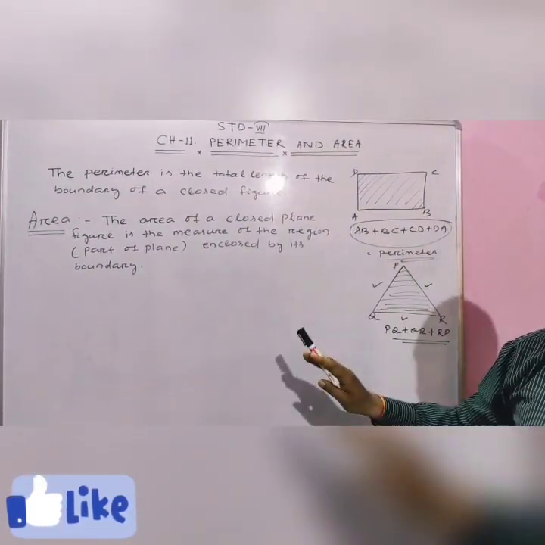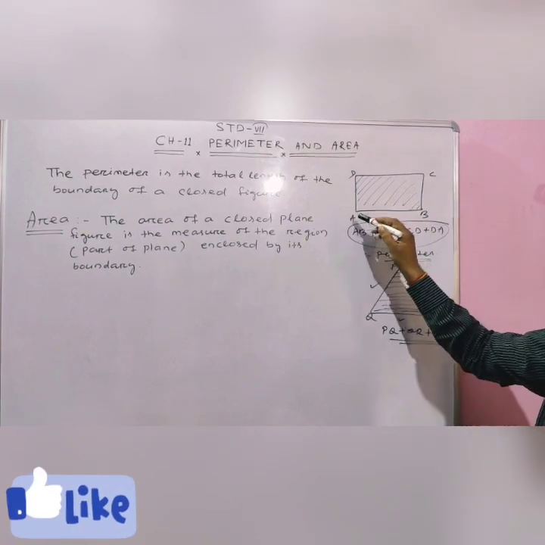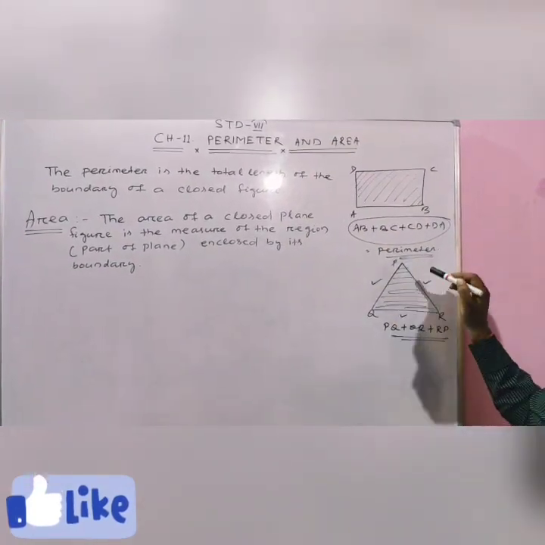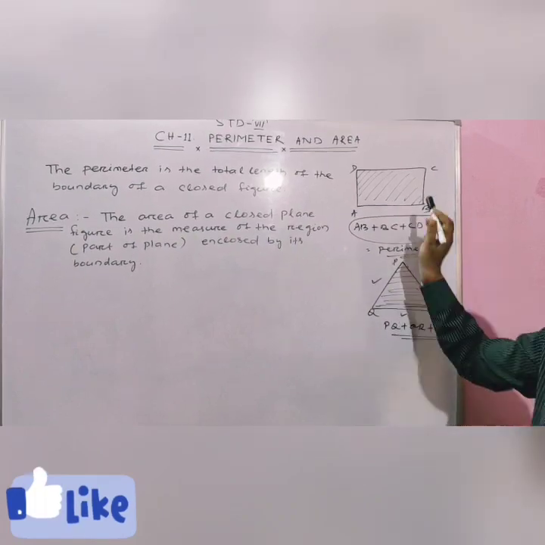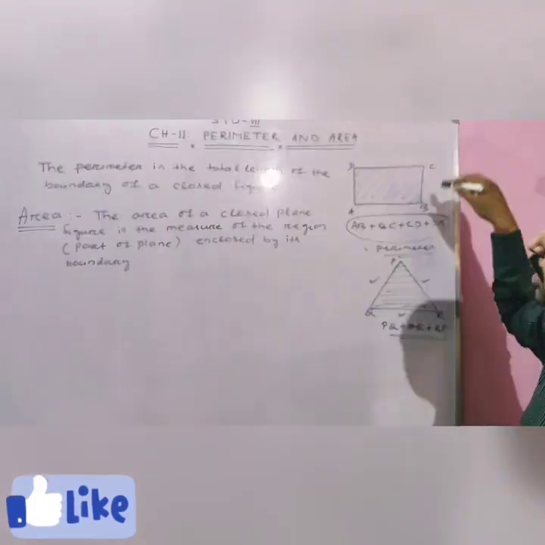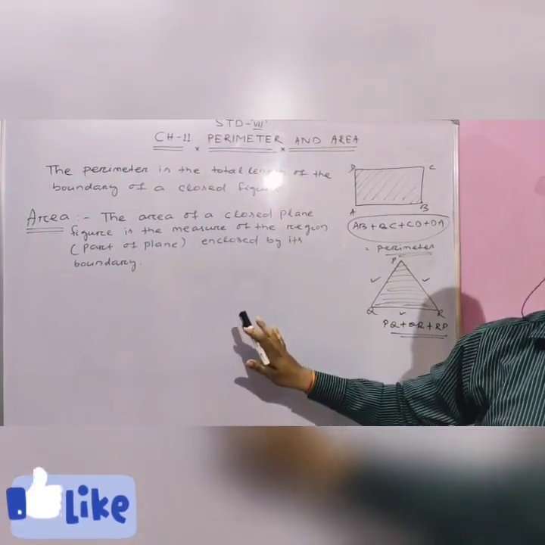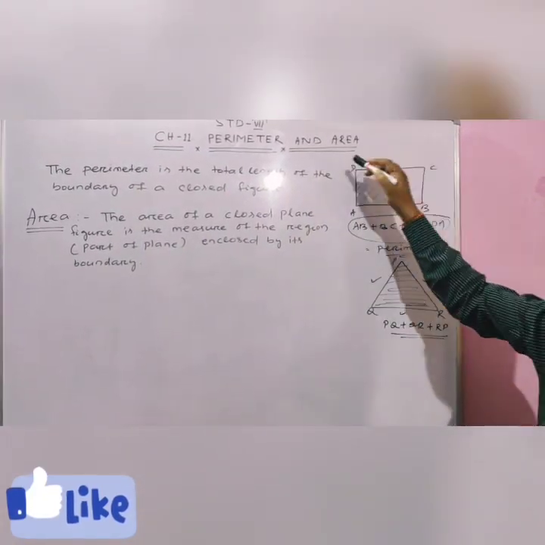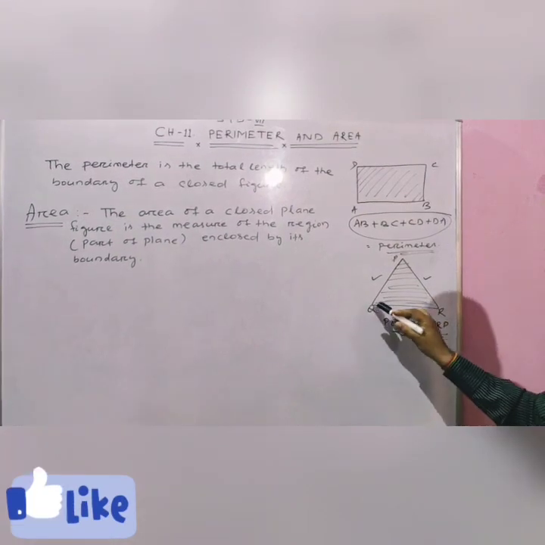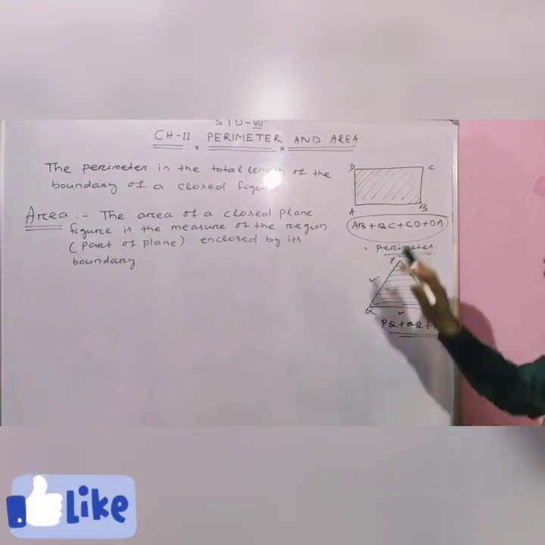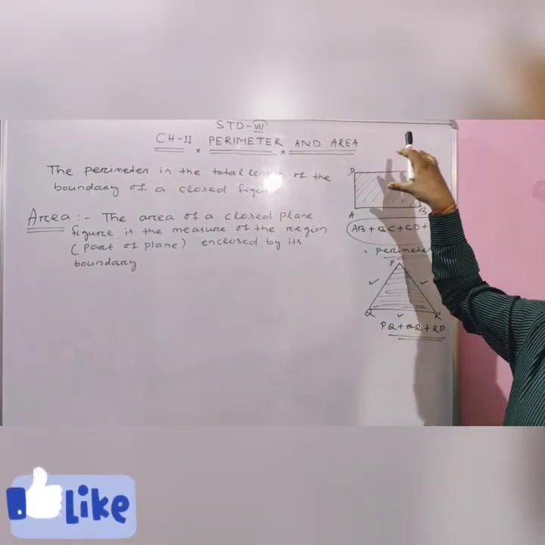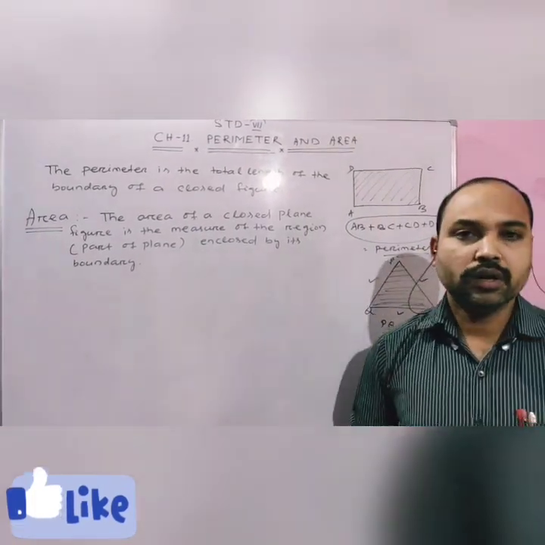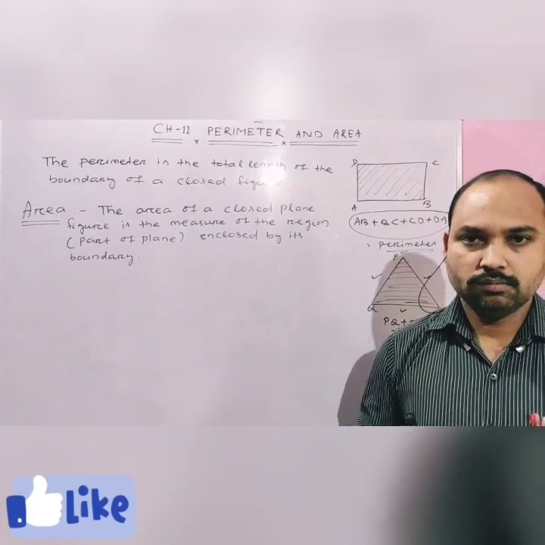In the whiteboard, some place is occupied by the rectangle ABCD and the triangle PQR. The whole plane is the whiteboard. From the whiteboard, some place is occupied by rectangle ABCD and triangle PQR. The part, how much part is occupied, is known as the area of the closed figure. Clear?